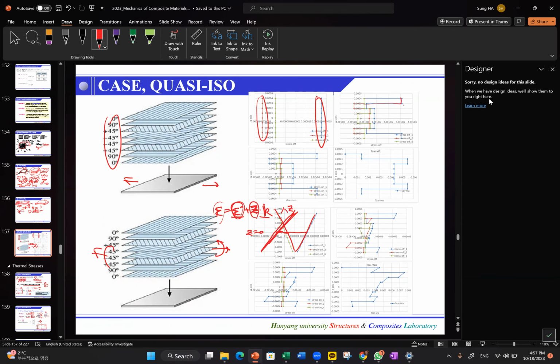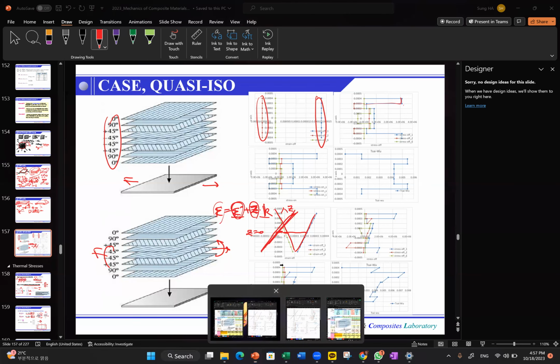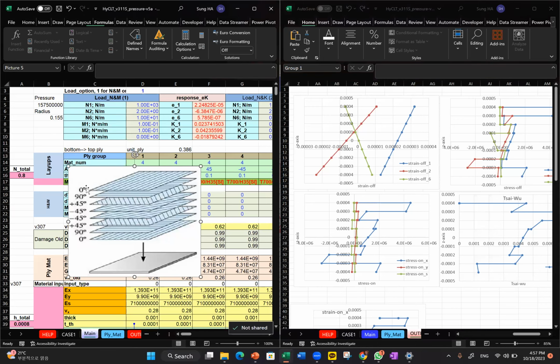Of course, this quasi-isotropy is a very limited, very special case, which is mainly used for aerospace structures. But as a designer, we certainly have the freedom to choose any angles we like.